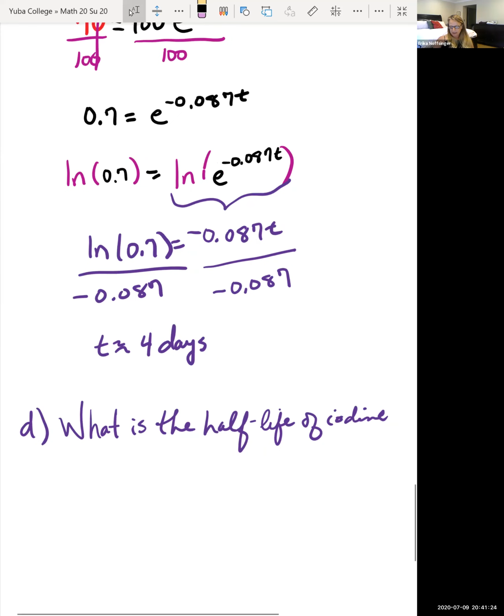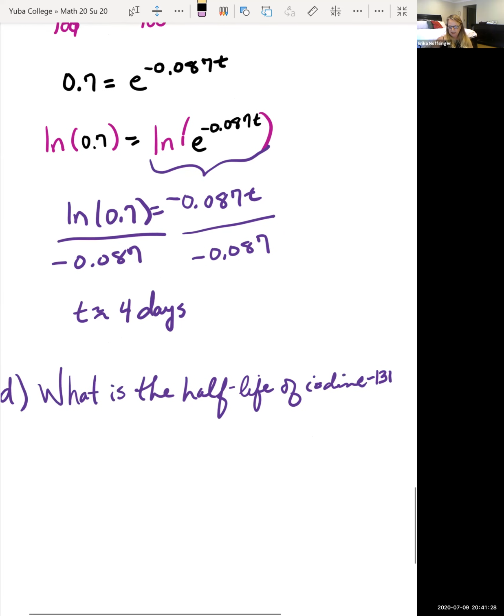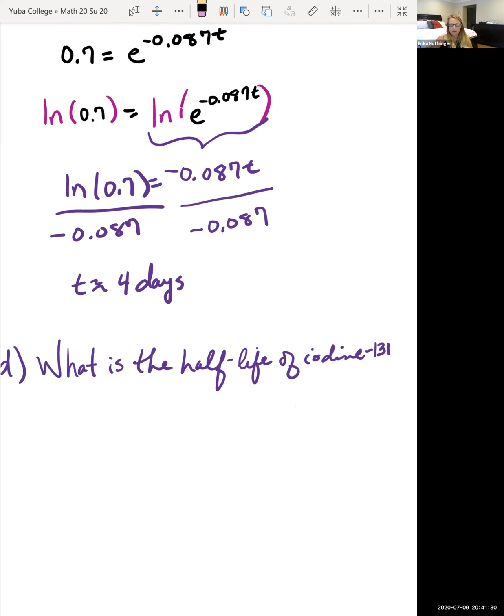So half-life is basically the amount of time it takes for a substance to reduce down to half of its amount. Our substance, we had 100 to start with, and so we need to figure out how long it's going to take to get down to 50 grams.